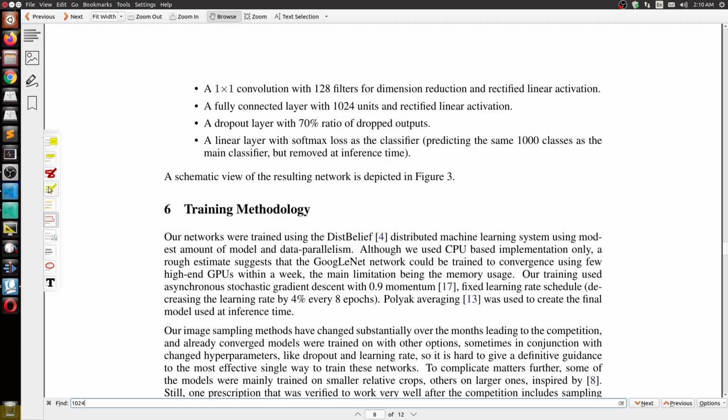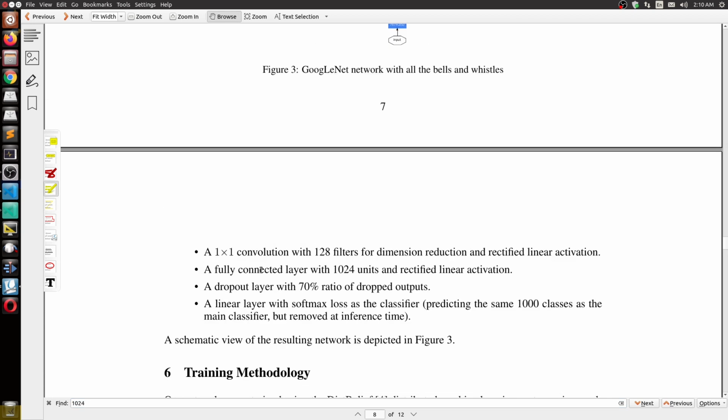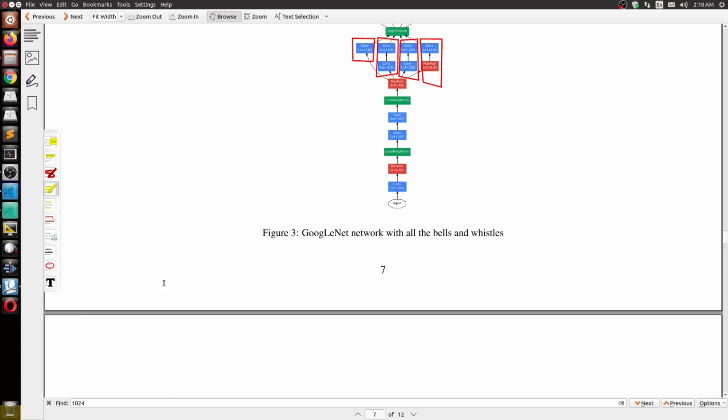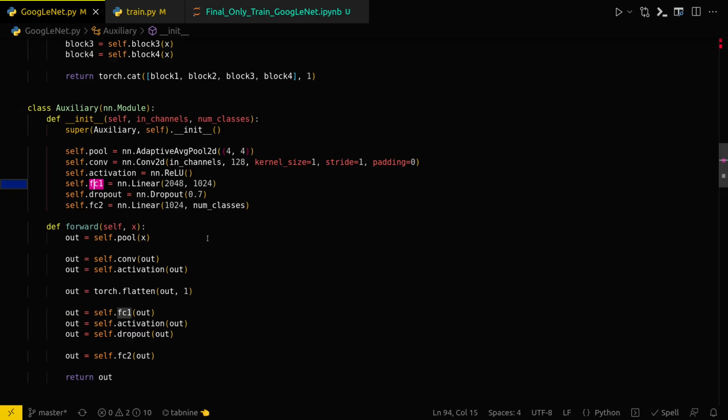So here they talk about the auxiliary layer: a fully connected layer with 1024 units and rectified linear activation. They clearly say that. And also a dropout layer with 70% ratio of dropped outputs. And finally, a linear layer with softmax loss as a classifier, predicting the same 1000 classes as the main classifier, but removed at inference time. So they very much say what I need to do in the auxiliary class.